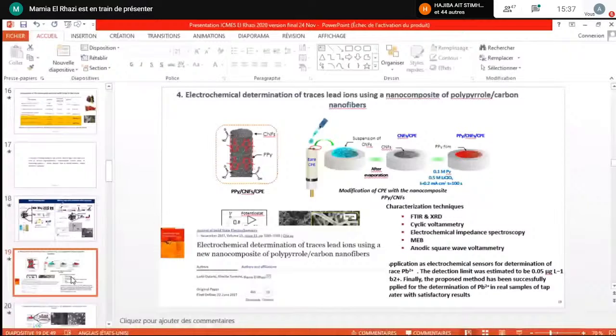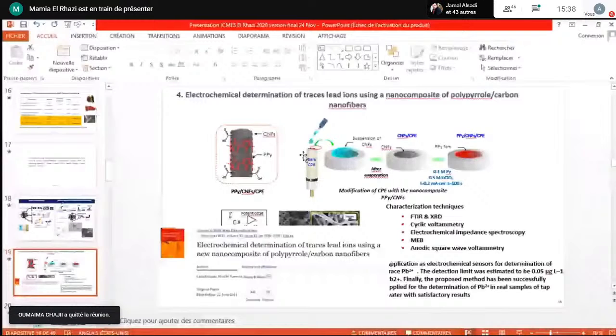Here, the carbon nanofiber was dispersed on the electrode surface. After the suspension of carbon nanofiber on the surface of the electrode, the polymer was electrodeposited on the surface by galvanostatic mode using a current of 0.2 milliampere during 100 seconds.